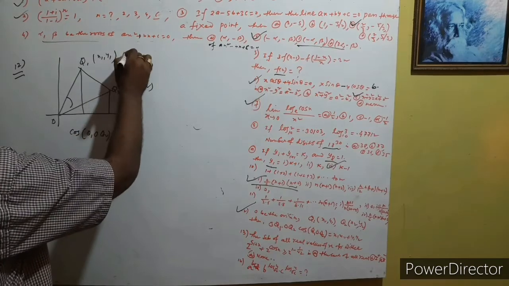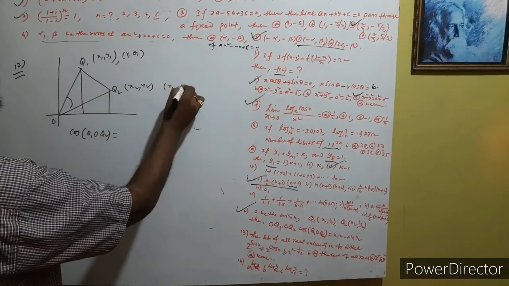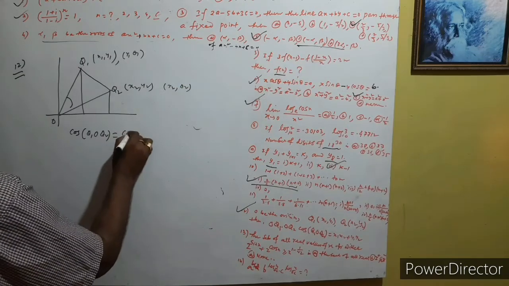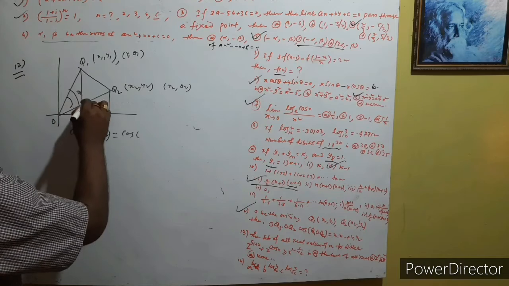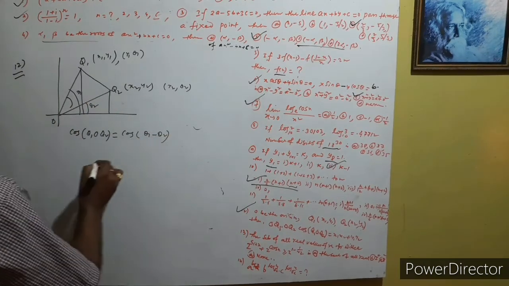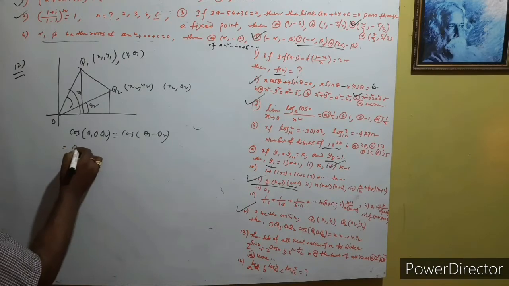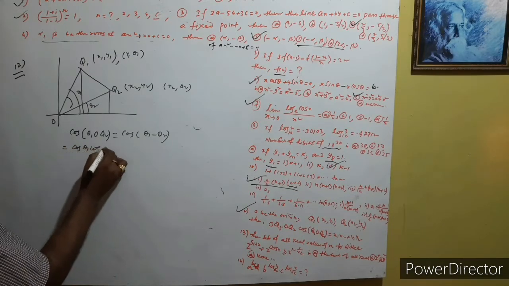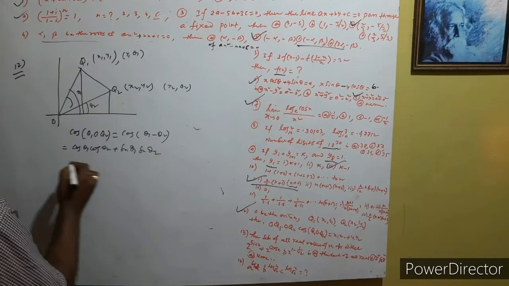Let them be r1 theta 1 and r2 theta 2. So this is theta 1 and this is theta 2, so the angle is theta 1 minus theta 2. We can write cos theta 1 cos theta 2 plus sin theta 1 sin theta 2.